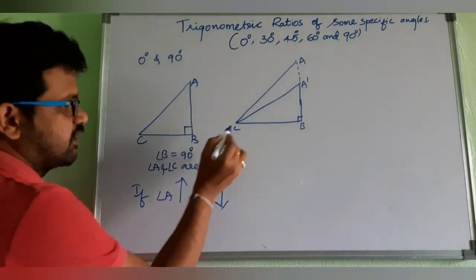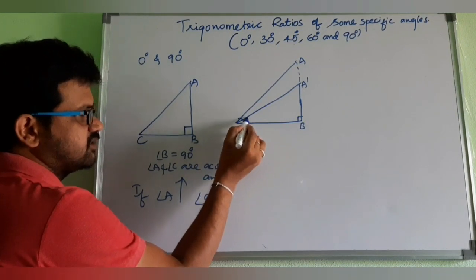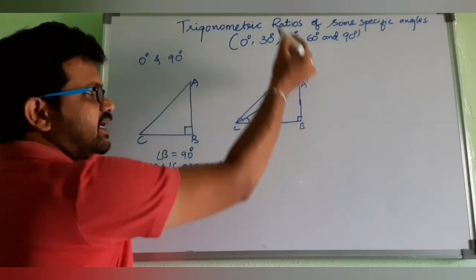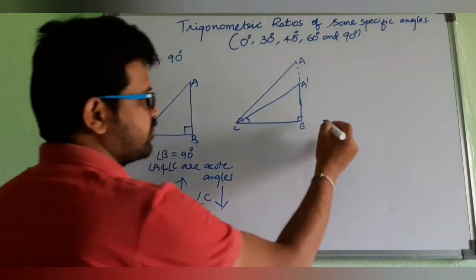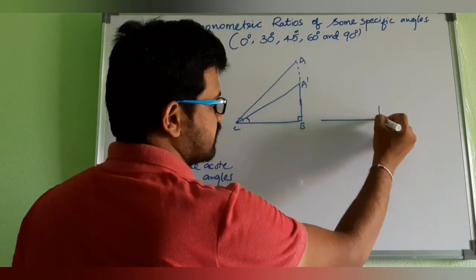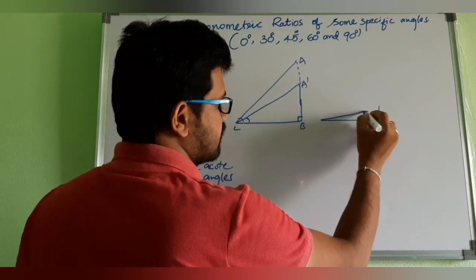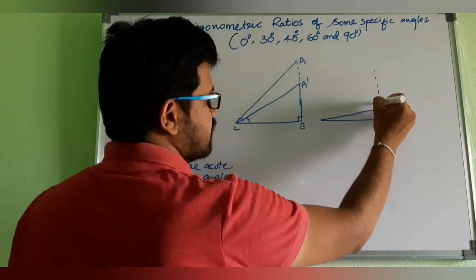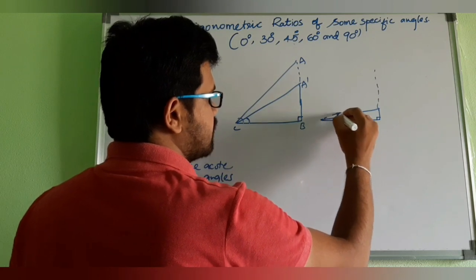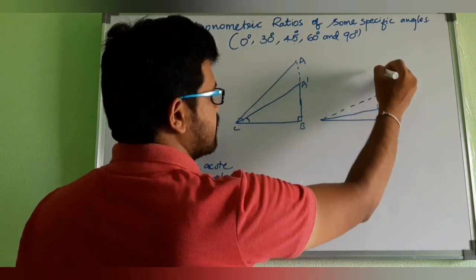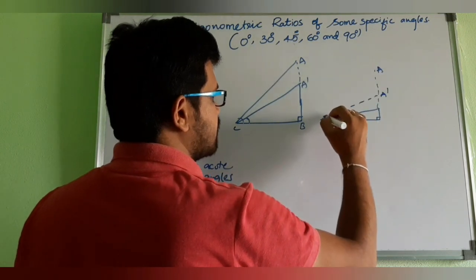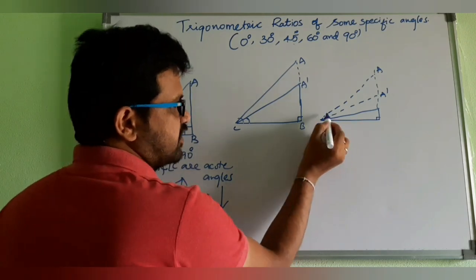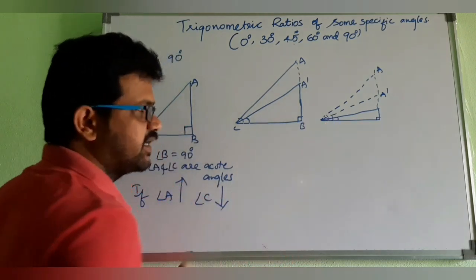See here, angle C, first this one, next to this one, is decreasing, angle A is increasing. Now next step, what happens? Suppose it comes here. This is 90. Okay, so this is first case, this is second case, this is third case.